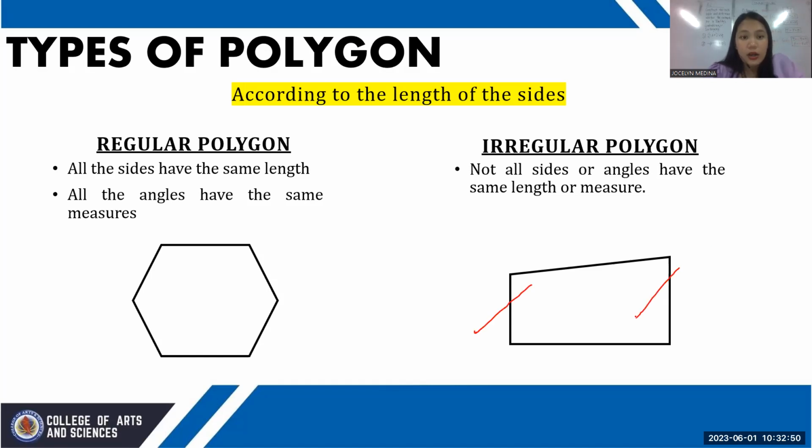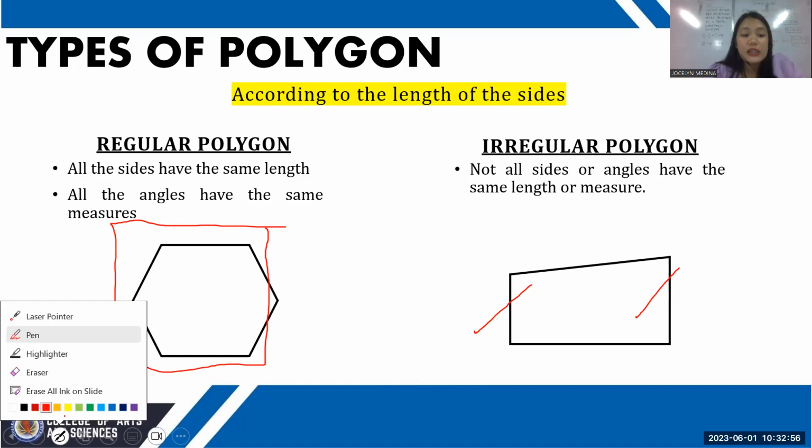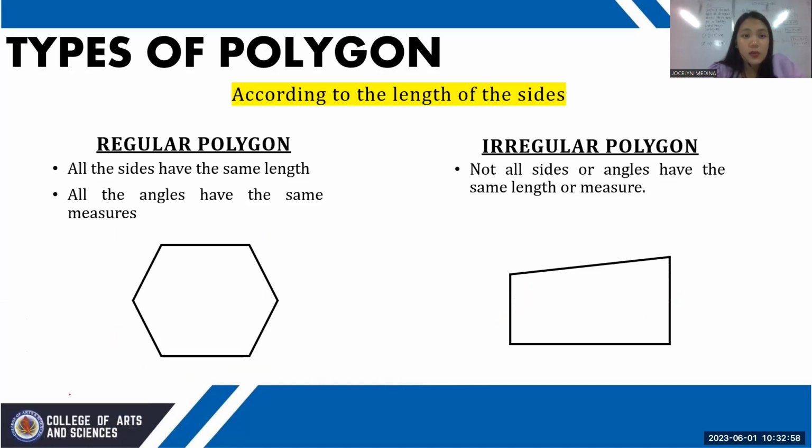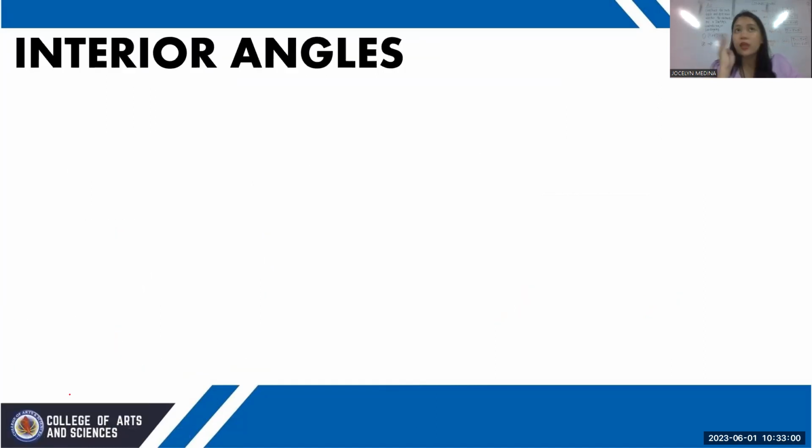So irregular. Pero look at here, pare-pareho yung measurement ng sides. So regular. Okay, meron tayong 3 types of polygon. Una is simple versus complex. Pangalawa, convex versus concave. And pangatlo, regular versus irregular.